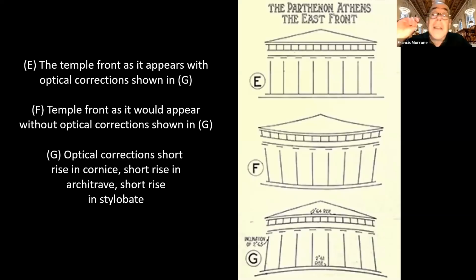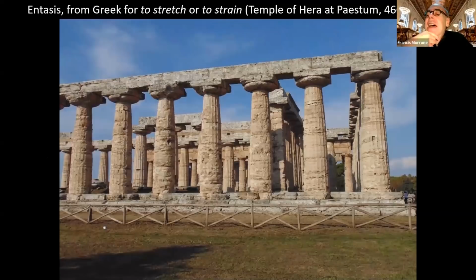It's designed so that it looks like there are straight lines, but it's an optical illusion, because there are a lot of optical corrections made to keep the building from looking not rectilinear. And these are done through the raising of the cornice, the raising of the architrave, the raising of the stylobate. And then there is that beast that we call entasis.